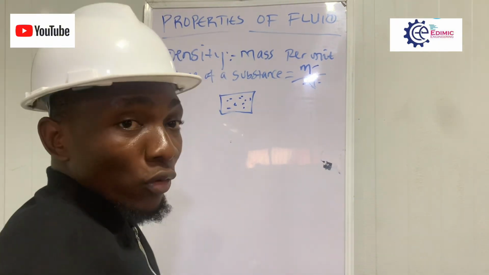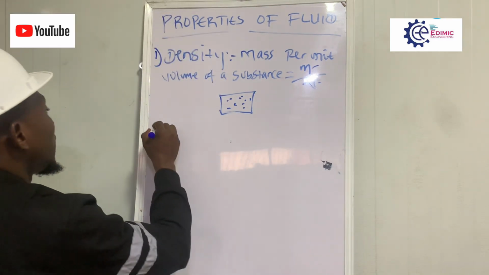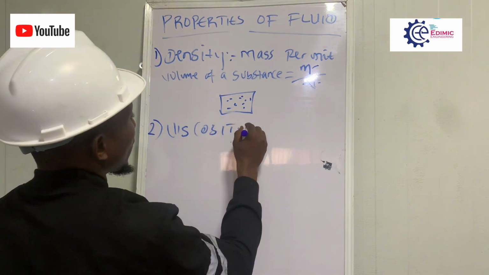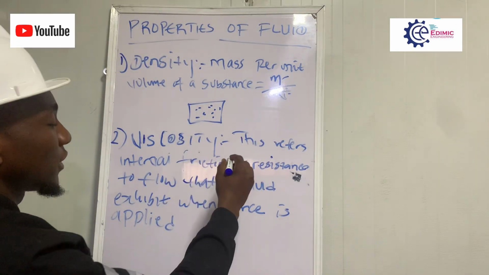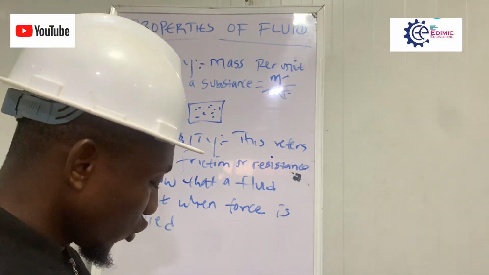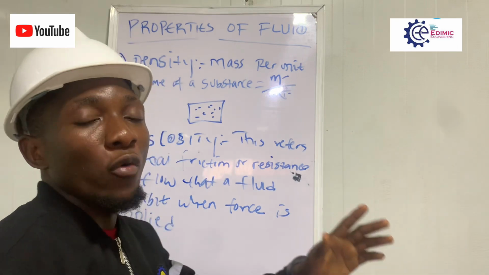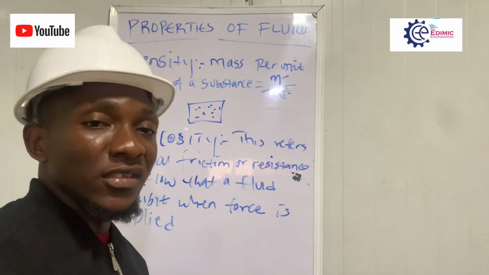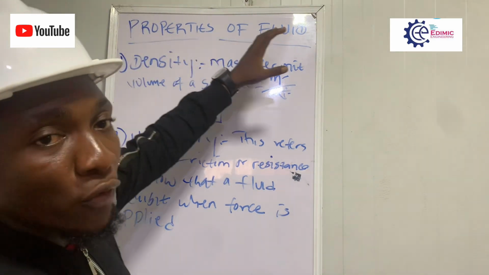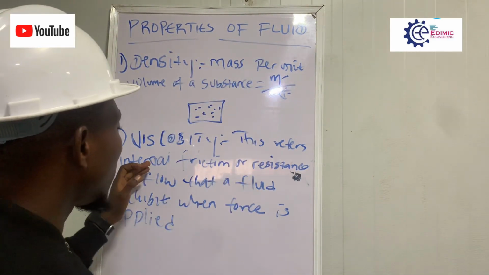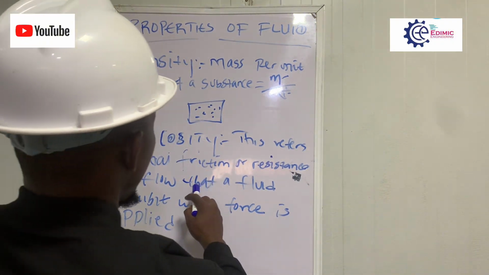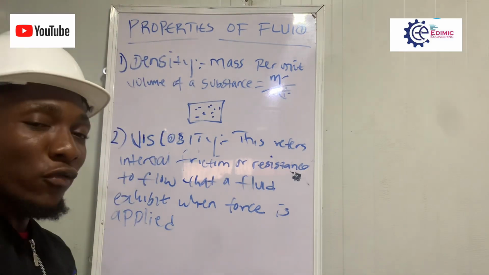So we'll go to the second one. The second property of fluid is viscosity. This is how a fluid behaves. Just like in electricity, we have resistance, which resists the flow of current through a conductor. In the aspect of fluid, viscosity refers to the internal friction or resistance to flow that a fluid exhibits when force is being applied.